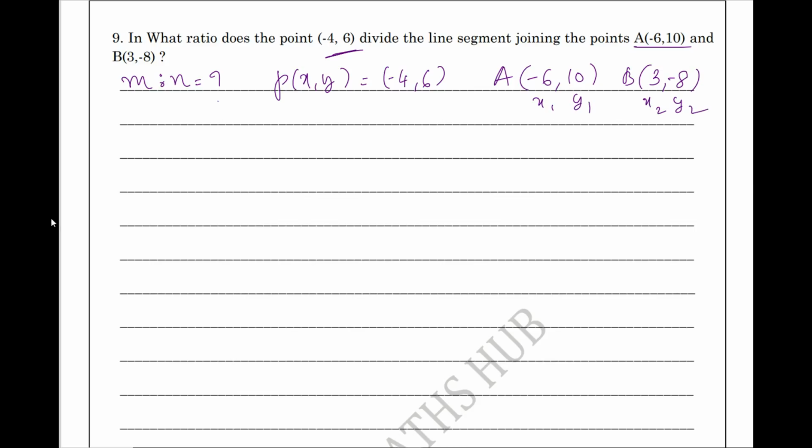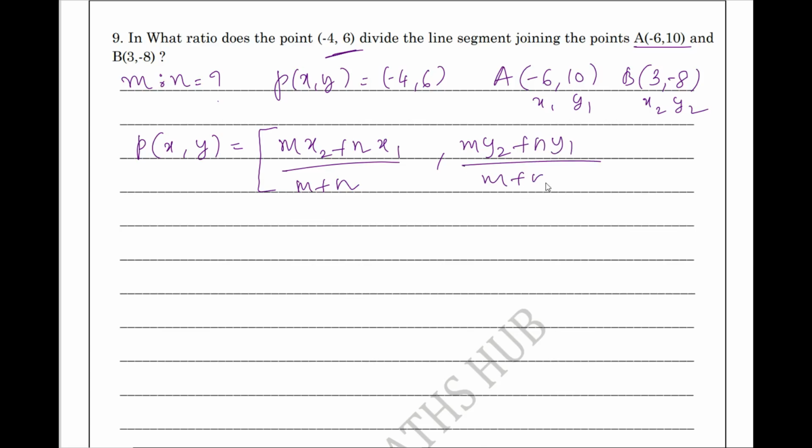Using the section formula, P of (x, y) equals what? (mx2 plus nx1) divided by (m plus n), comma, (my2 plus ny1) divided by (m plus n). Now what is P of (x, y)? It is (-4, 6), already given in the question. (-4, 6) equals, what is the value of m?